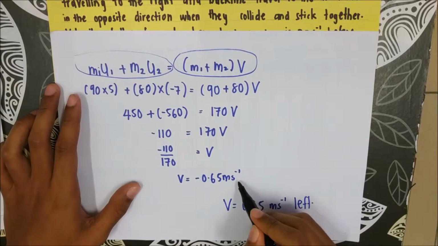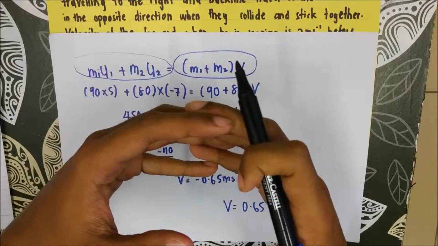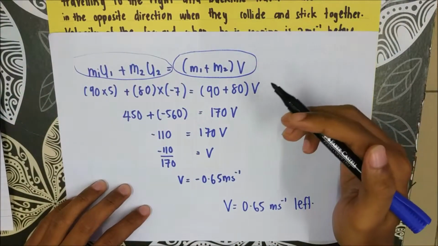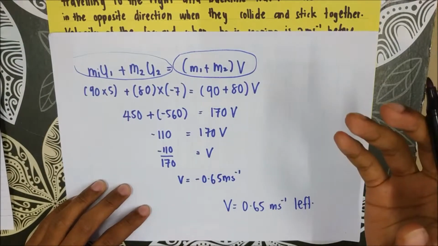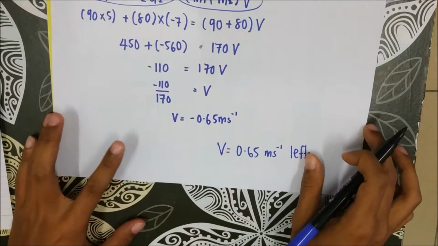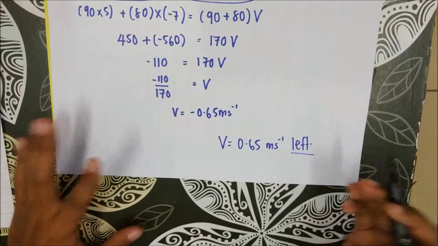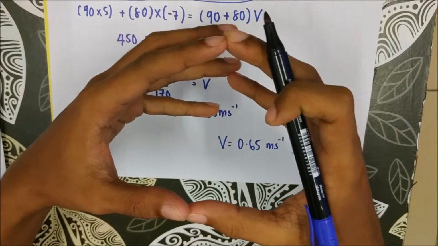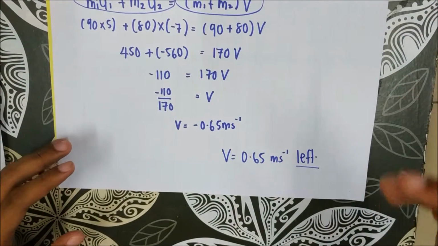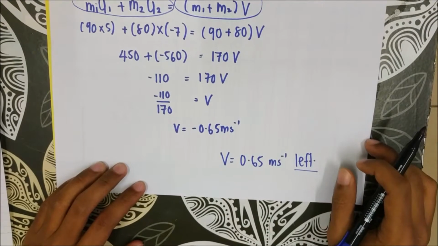So the answer shows that after the collision they move to the left, because the backline player has more momentum than the forward player. The answer is 0.65 meters per second to the left.